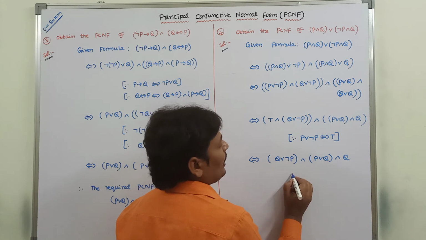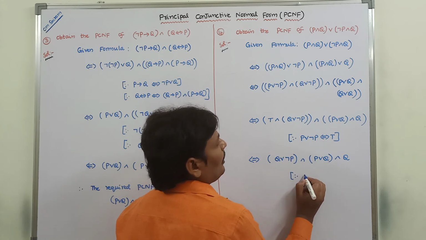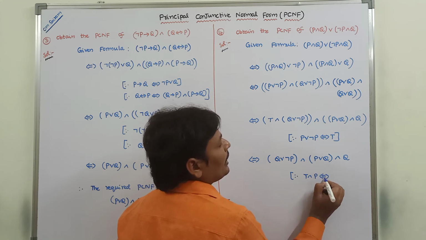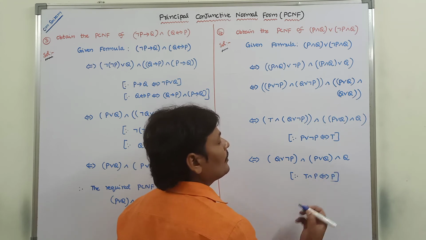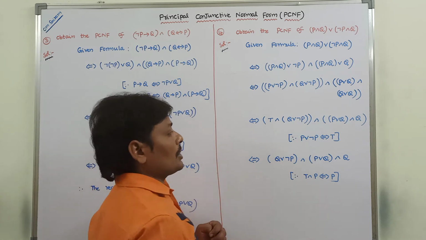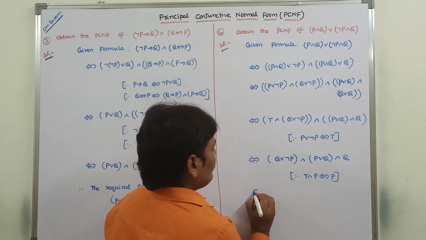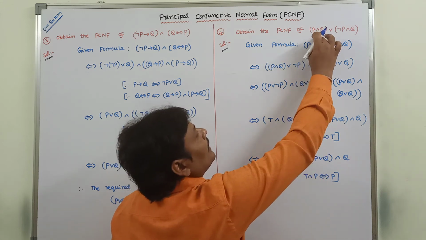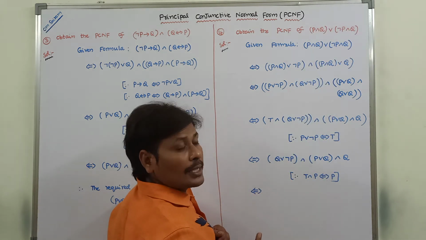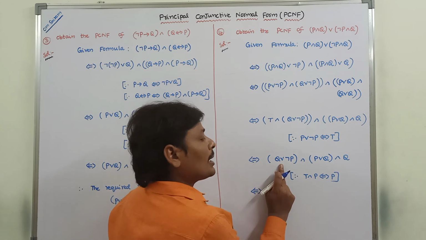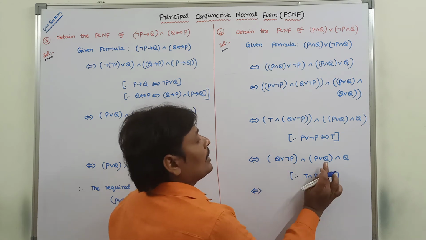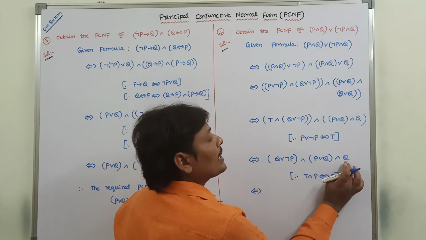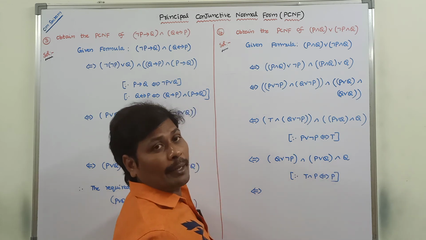Here I am writing true and P is logically equivalent to P. Next, in the given formula, each and every term contains two variables. Here this term contains two variables, this term contains two variables, but this term contains only a single variable.